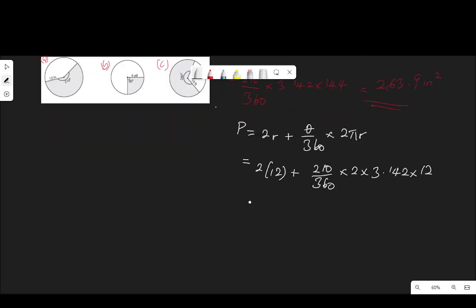If we plug that into our calculator, 2 times 12 is 24, plus 210 times 2 times 3.142 times 12 divided by 360 gives me 43.98 approximately, then plus 24, that gives us 67.98 or 99 approximately inches.